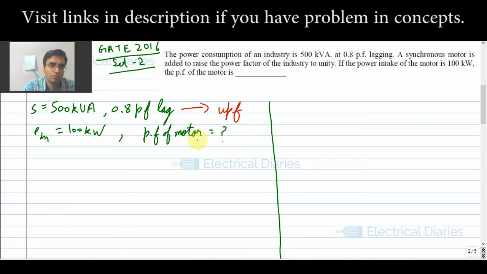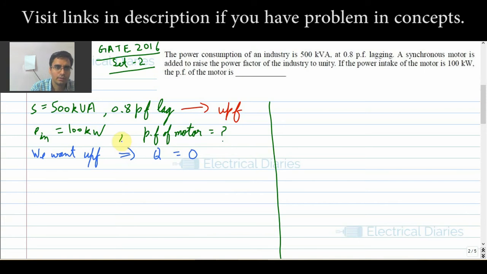Now one thing we can infer is we want UPF, so this implies that Q will be equal to 0.